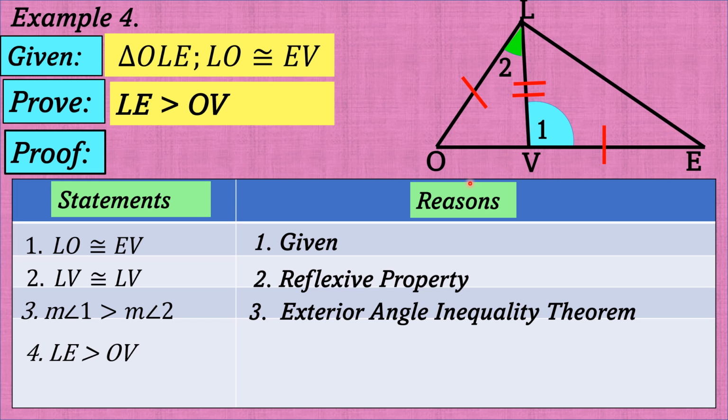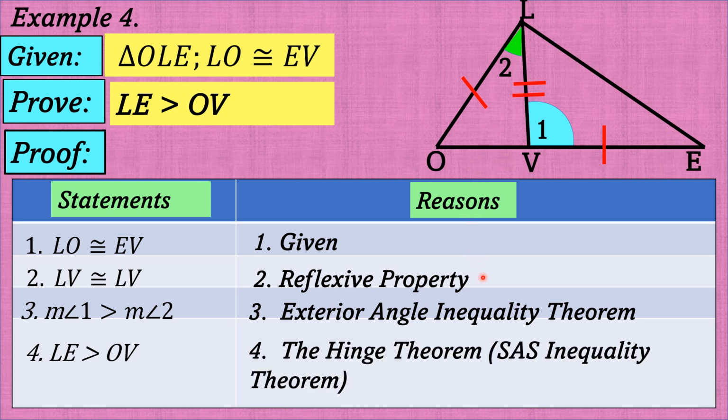And that can be proven by the SAS inequality theorem or the Hinge theorem. So again, sinasabi sa Hinge theorem na kung ano yung triangle na merong mas malaking measure of angle, yung opposite side niya, yun ang may mas greater measure of length. Therefore, side LE is greater than side OV.